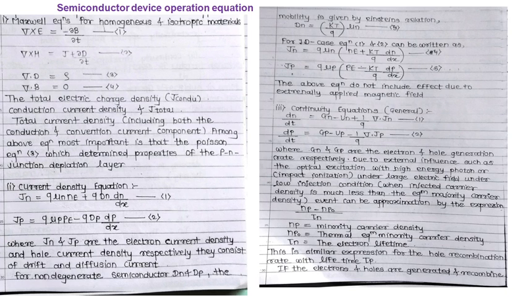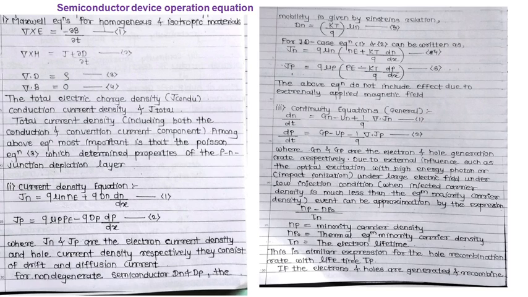As I told you before, it is very important for semiconductor device operation. For semiconductor device operation, I am mainly focusing on only three equations: first the Maxwell equations, second the current density equation, and third the continuity equation. The Maxwell equations you studied in electrodynamics; there are four Maxwell equations. Then J conduction we went through in the current density.